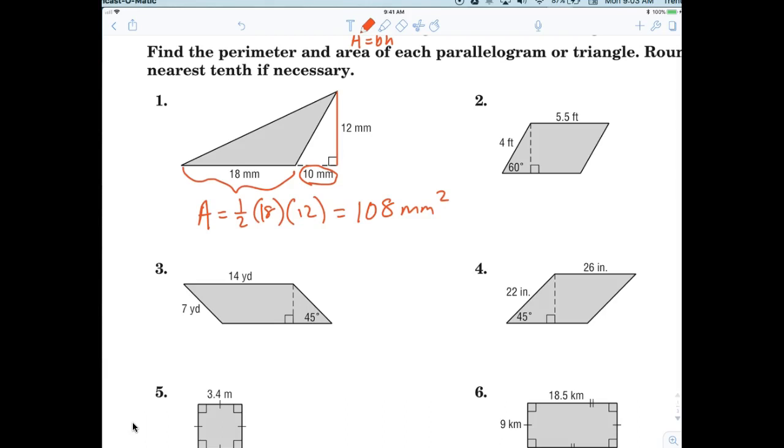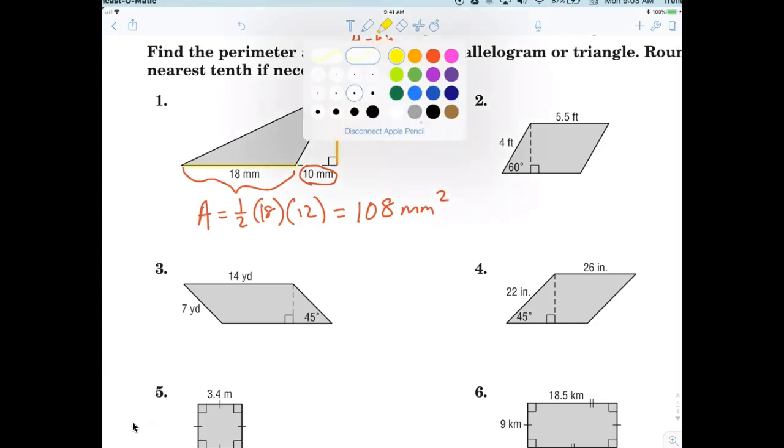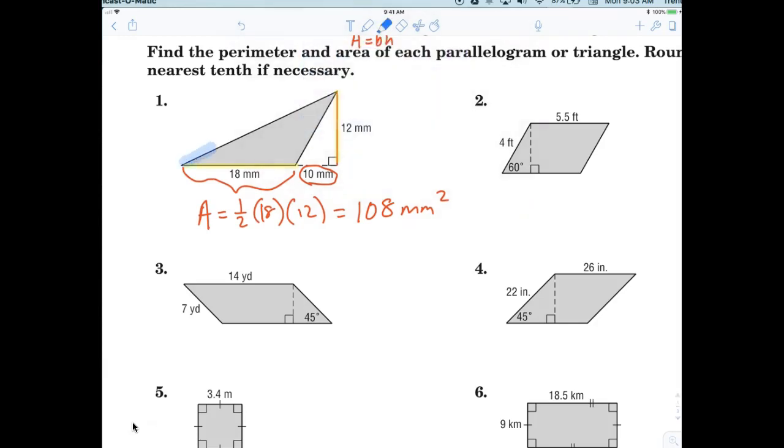This right here, please listen, this is the height to this base. Whereas if I did this, this could also be considered a base, if I knew what this was. Everybody see that? So that could also be considered a height.